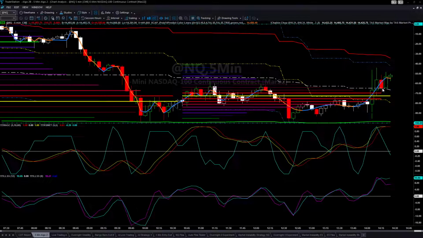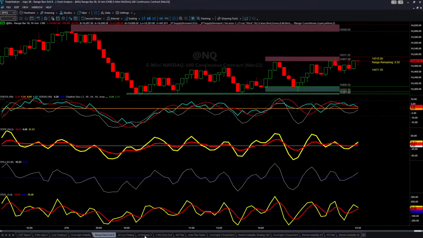So I went ahead and took a one contract long on the NQ rather late. But this looks like it's trending right here. Normally when there's no deviation in the bars like this, that means you've got an upside trend. And it is trending to the upside right here.